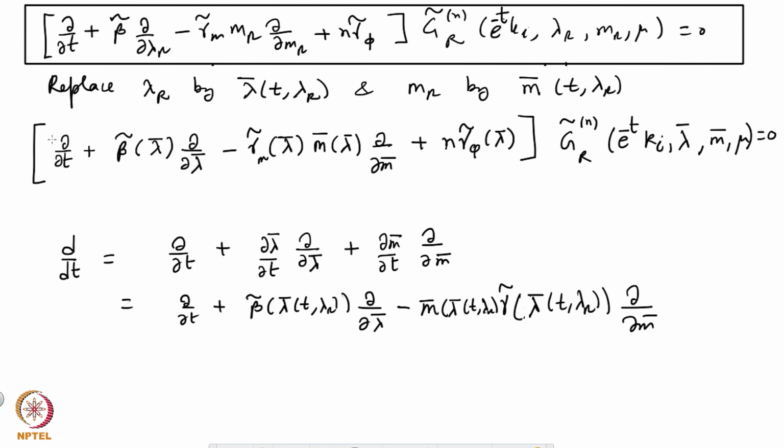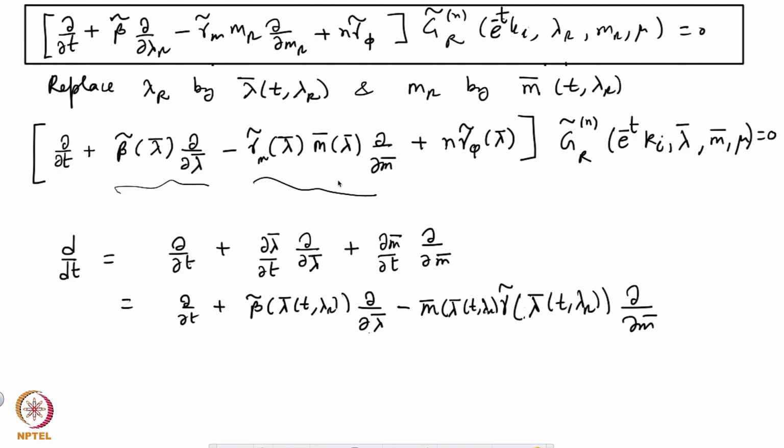Okay, so if you see here, this is exactly the same thing. Del over del t here, del over del lambda bar beta tilde, then you have del over del m bar multiplying gamma tilde multiplying m bar. So that's the same thing with the same minus sign.